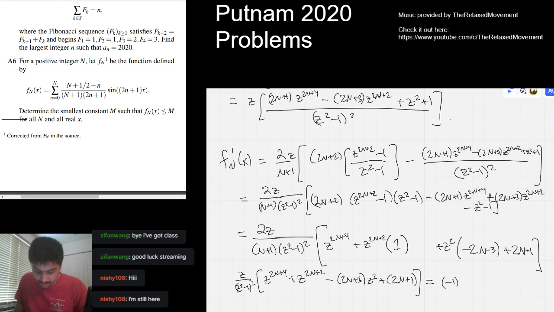So the conjugate will be 1 over z, but then you get 1 over z squared minus 1, so I think you would get z cubed over, and now you essentially would get a times now essentially just 1 plus z squared, z to the 2n plus 2.